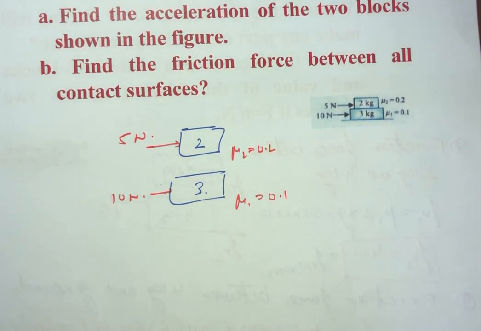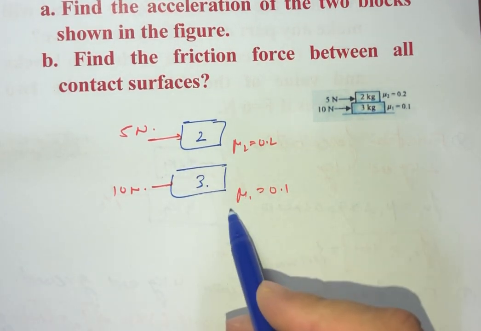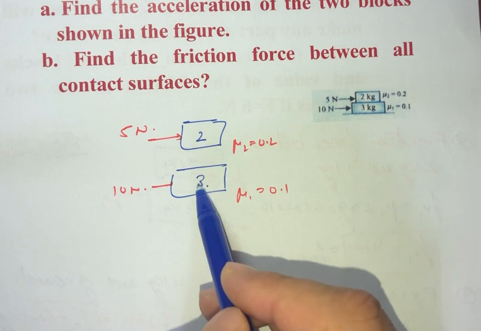So first of all, let's find out what will be the limiting value or the maximum value of friction that is between 2 and 3 and 3 and ground.